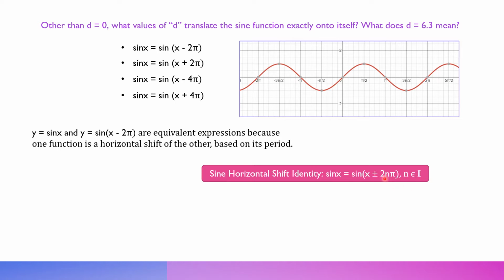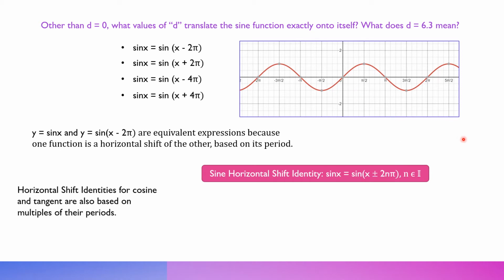Then I would have 2 times 5, that would be 10 pi. So any multiple of 2 pi, adding or subtracting like we did here, 2 pi, 4 pi, anything will work. If I take this sine wave and add on a period or 2 periods or 3 periods or 4 periods, it's going to look exactly the same as the parent function. Horizontal shift identities for cosine and tangent are also based on multiples of their periods. It's all the same thing.